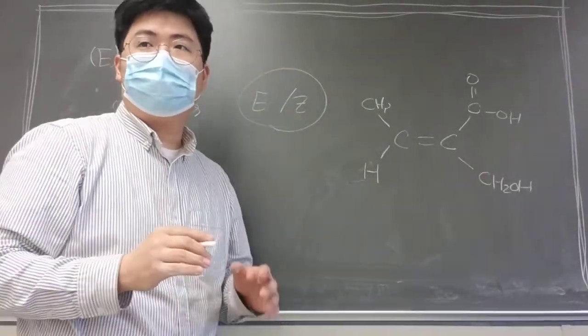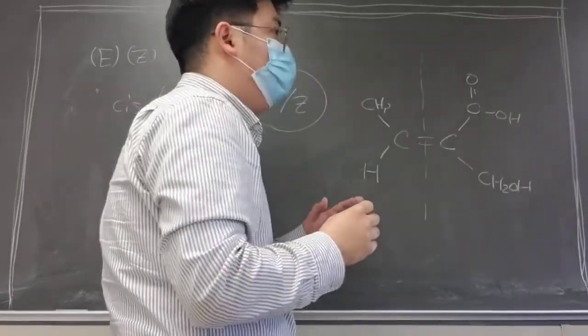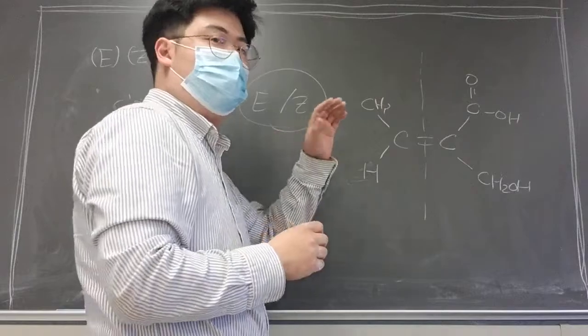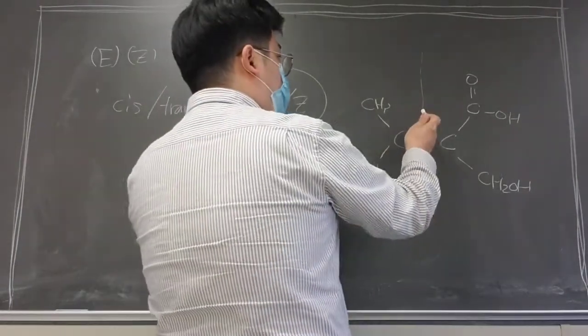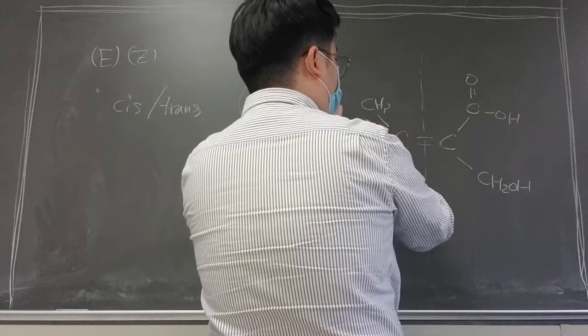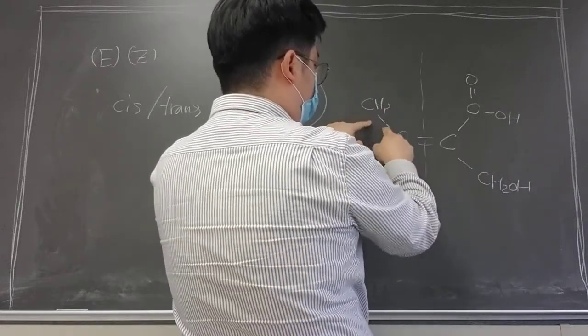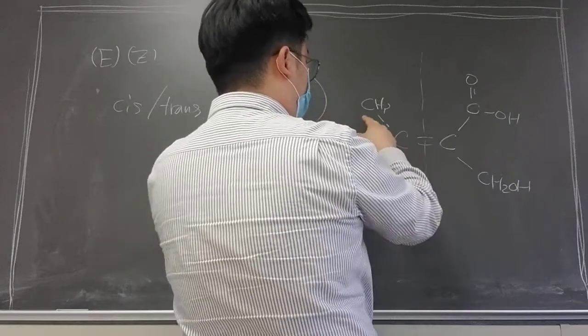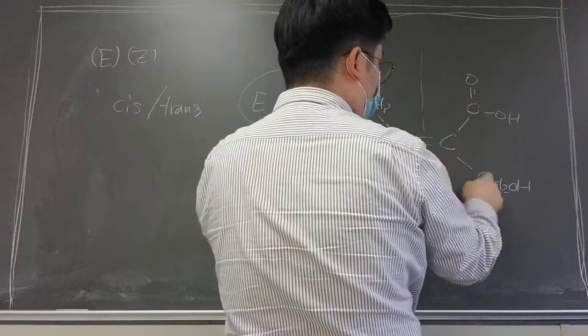Whenever you have these alkene compounds, you try to rank your substituent groups on the same carbon. Meaning you divide this in half, left and right, so you can compare the priority of these two on the same carbon. You're comparing these two, not these two here.